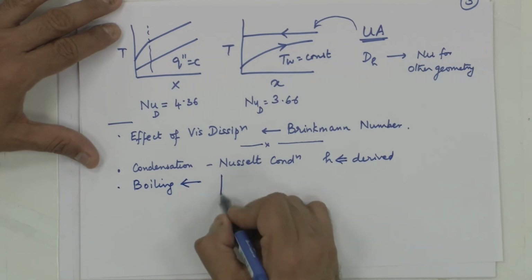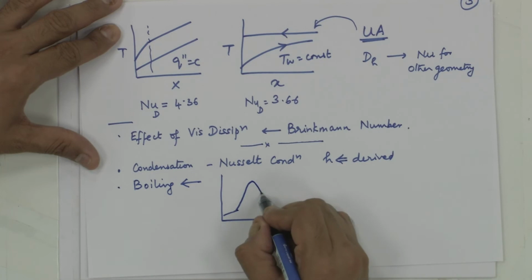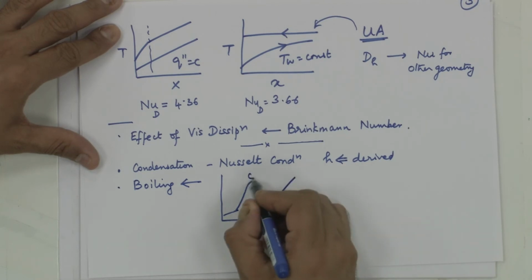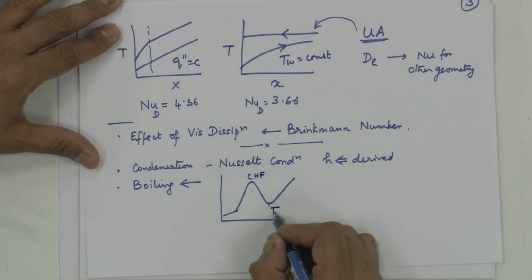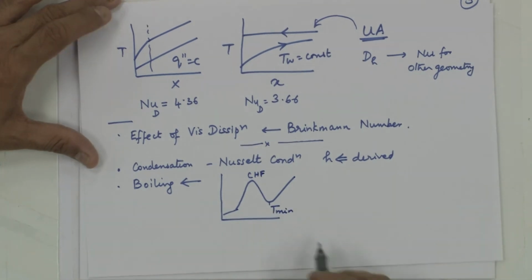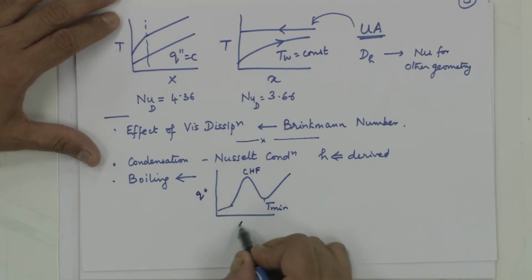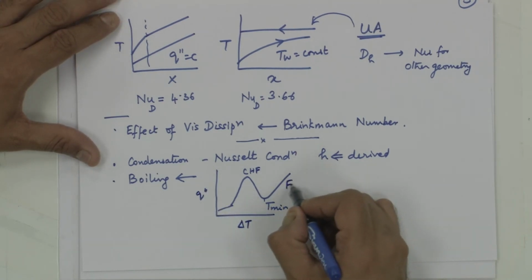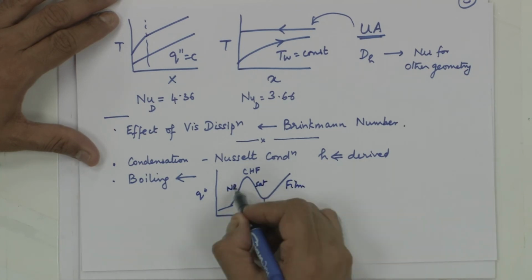We went on to show the boiling curve, single phase natural convection, nucleate boiling, went on to define terms like CHF, minimum film boiling temperature, classified segregated the boiling curve into various regimes: film boiling, saturated boiling, and nucleate boiling.